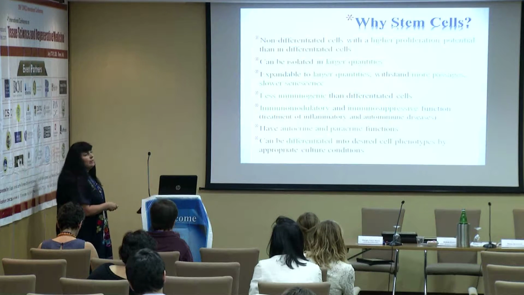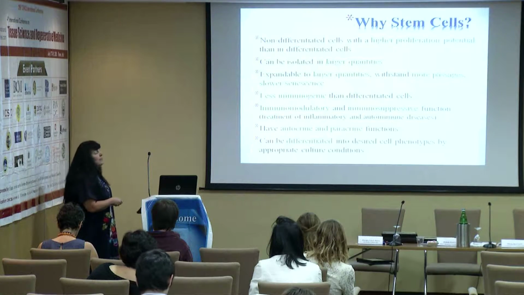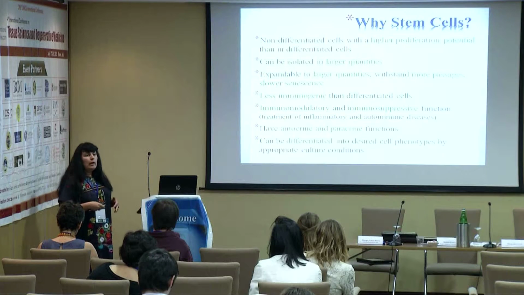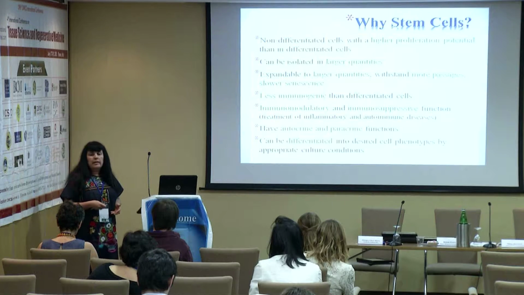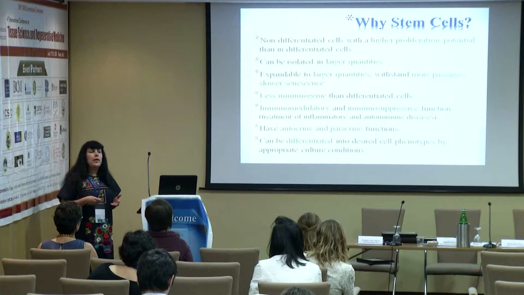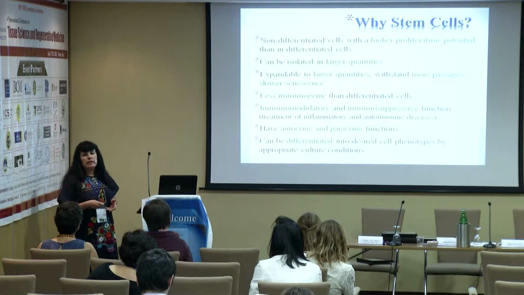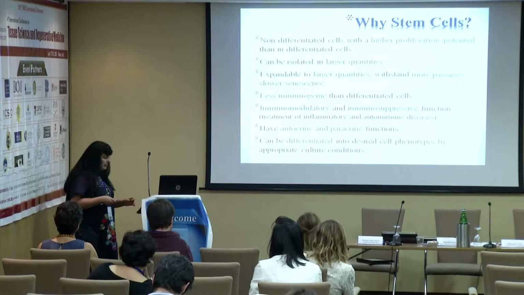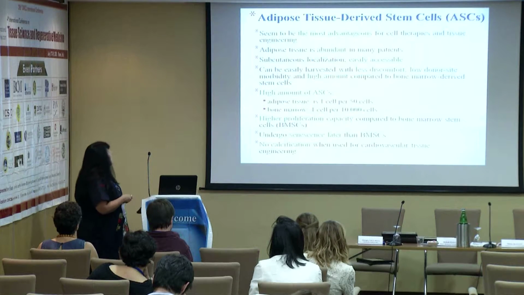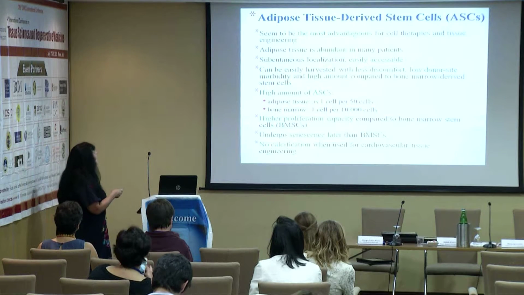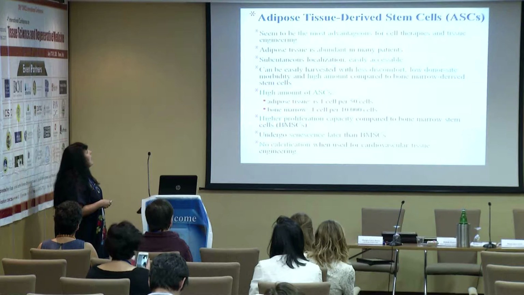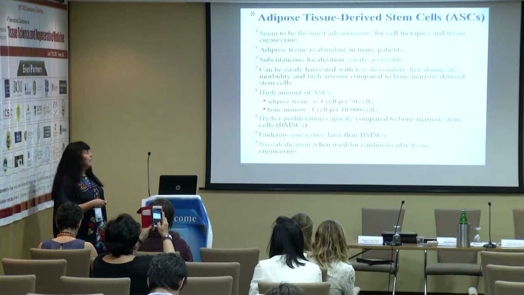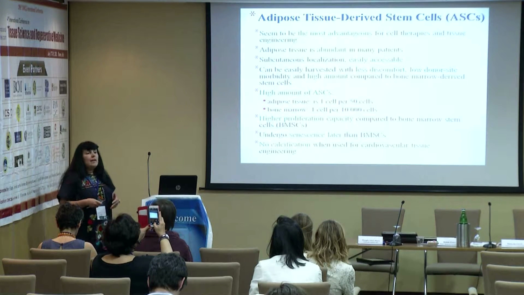An important feature is that stem cells are able to produce larger amounts of growth factors and various mediators by autocrine production, more than differentiated cells.